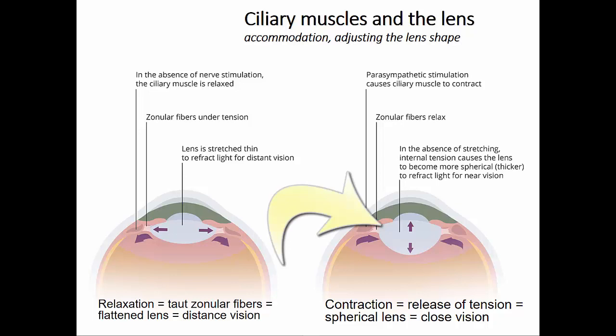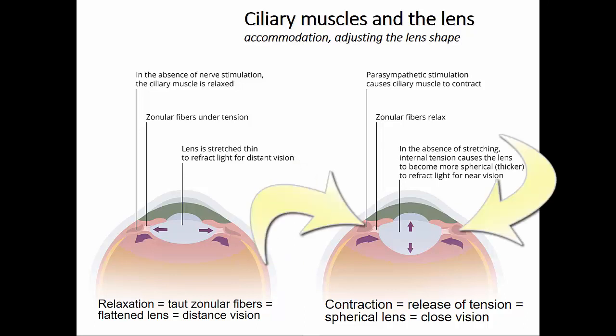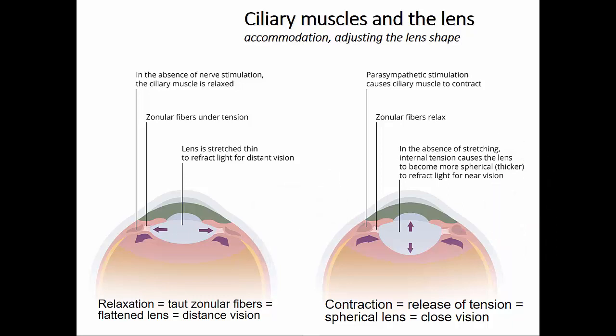It's nearly completely spherical. However, once it's attached via zonular fibers to the ciliary body, then it can be stretched. And it'll be stretched if there is no nerve stimulation that would make the muscle contract. When the parasympathetic fibers stimulate the ciliary muscle to contract, it'll release the tension on the capsule of the lens, and the lens can then become more spherical, as you can see on the right side.